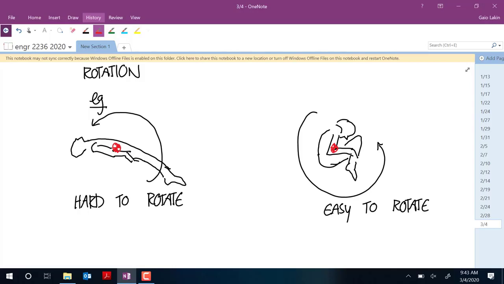The difference is that here you can see if you broke this person up into little infinitesimal pieces of mass, a whole bunch of that mass is positioned at a big distance from the axis. Okay? And over here, the whole idea of this position is you're trying to get every part of your body as close to that axis of rotation as possible. Okay? So this has a big mass moment of inertia, and this has a small mass moment of inertia.